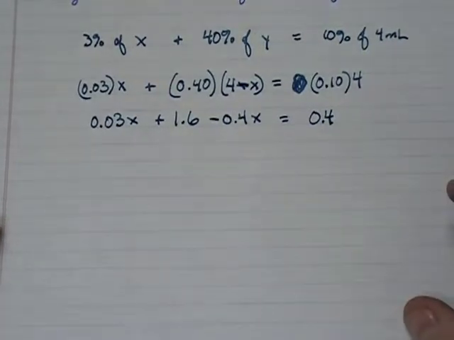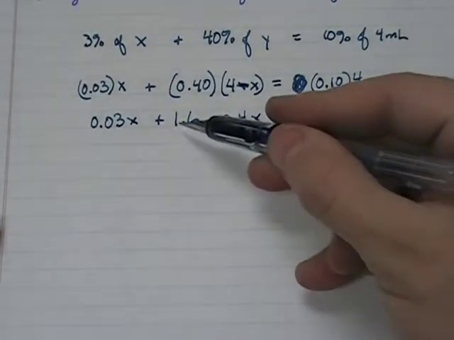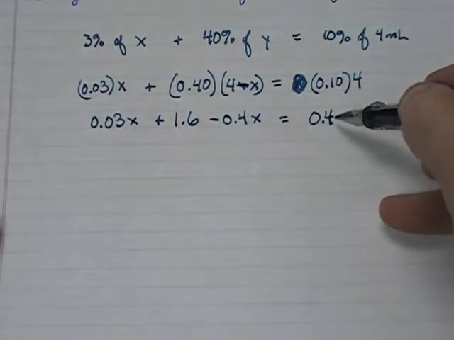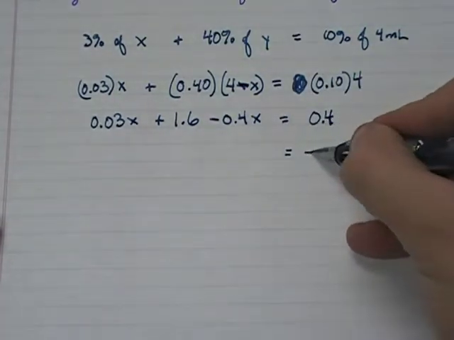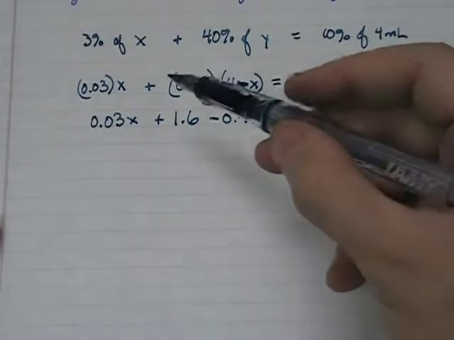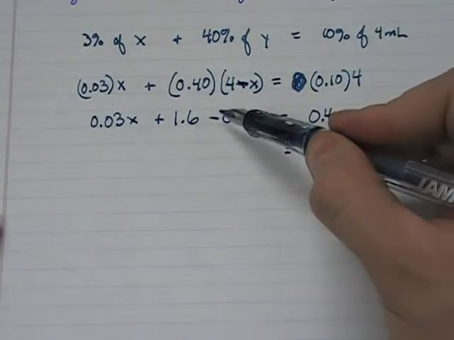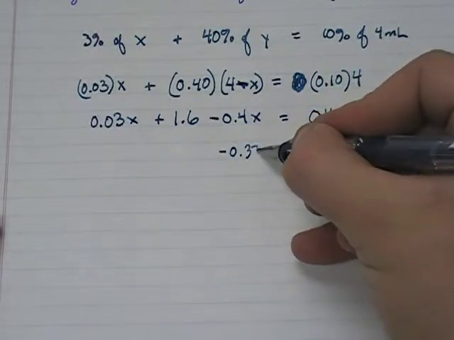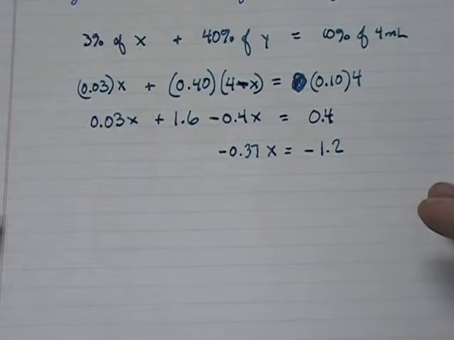Okay, so now, combine like terms and solve. Well, if I move this 1.6 over here, 0.4 minus 1.6 is going to be negative 1.2. And 0.03X minus 0.4X is going to be negative 0.37X.